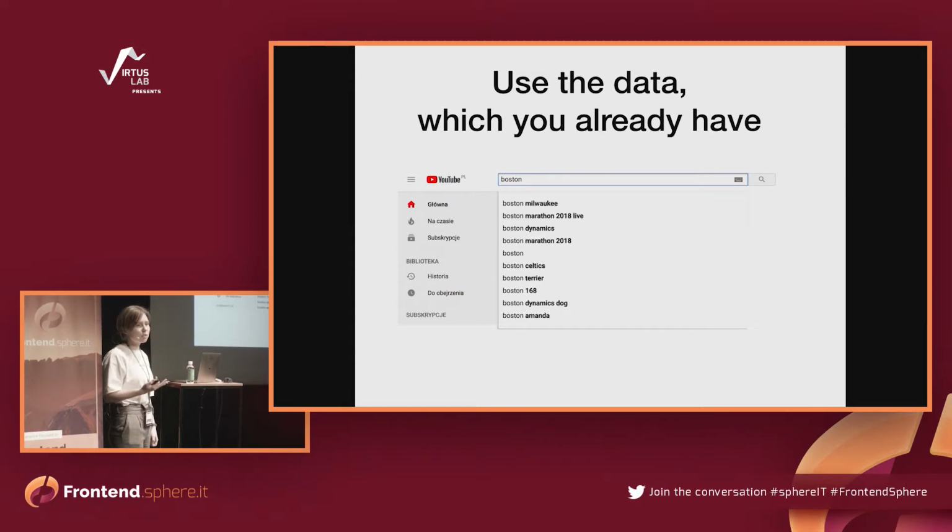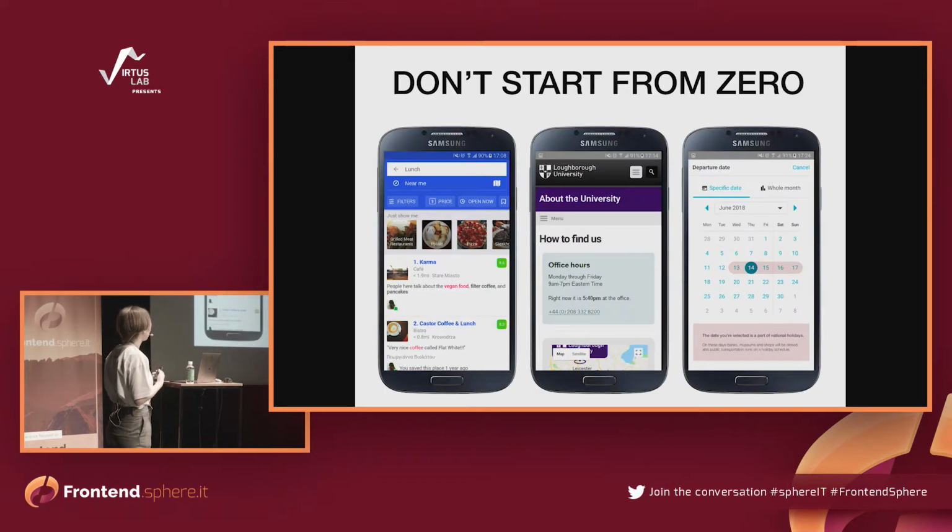So this is a suggestion of what you need to do. And for example, here are three examples of how you can help your user, right? In the fourth square, you can see the button open now. So probably if you're looking for the place exactly for now, you want to press this button.